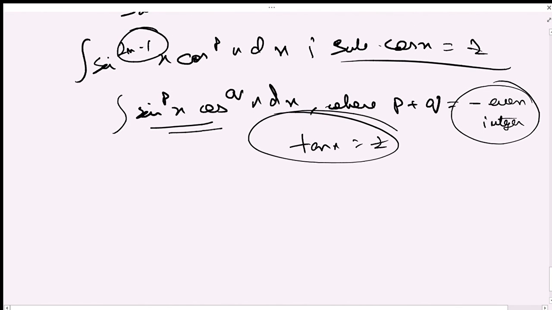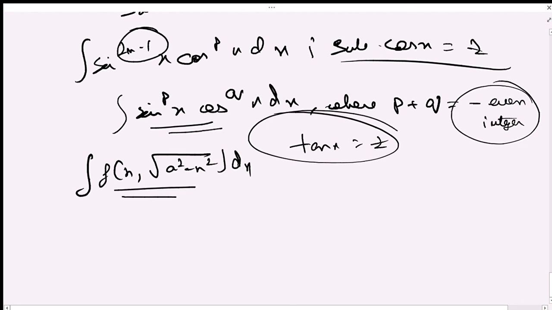Suppose you have a particular integration of the form, say, integration f of x and root over a square minus x square dx. Acha, what is this sort of a function representing? So you are basically having two types of terms. One type of term in the function is of this particular type, root over a square minus x square.